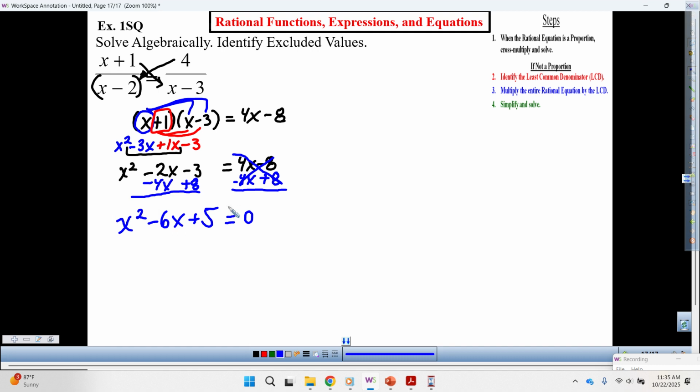Does that look familiar? Yeah, your brain wants to do what? What two numbers multiply give me positive 5 that when you add them give us negative 6? Tell your neighbor, what two numbers multiply give me positive 5 that when you add them give us negative 6?